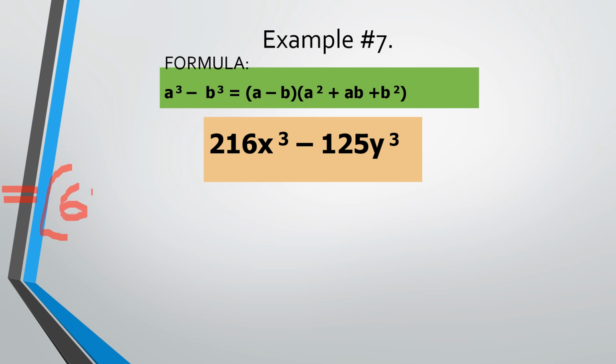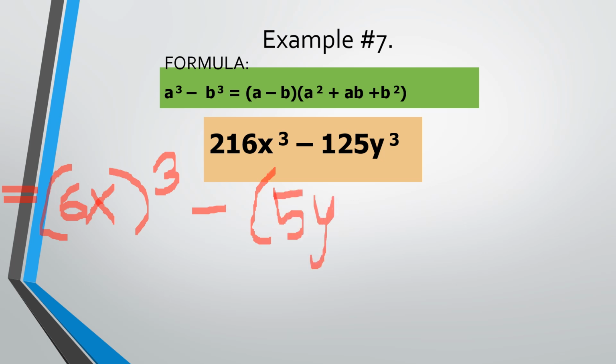We have here x. Close it and raise it to the power of 3. Subtracted by, open parenthesis, the cube root of 125y cubed. We have 5y. Raise it to the power of 3. So this will be now our A and our B.